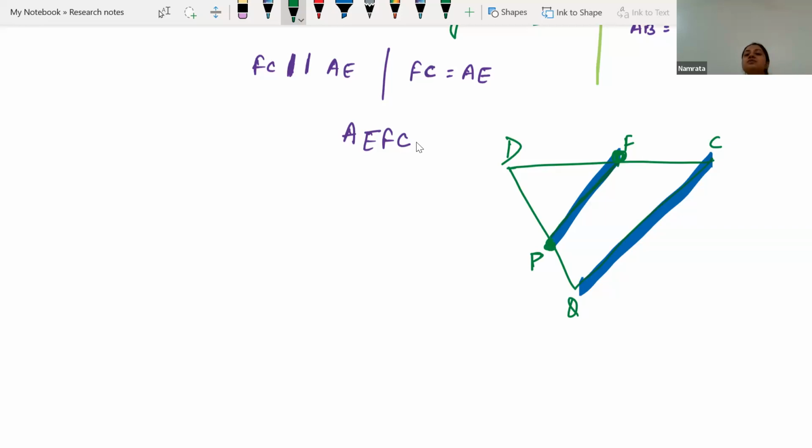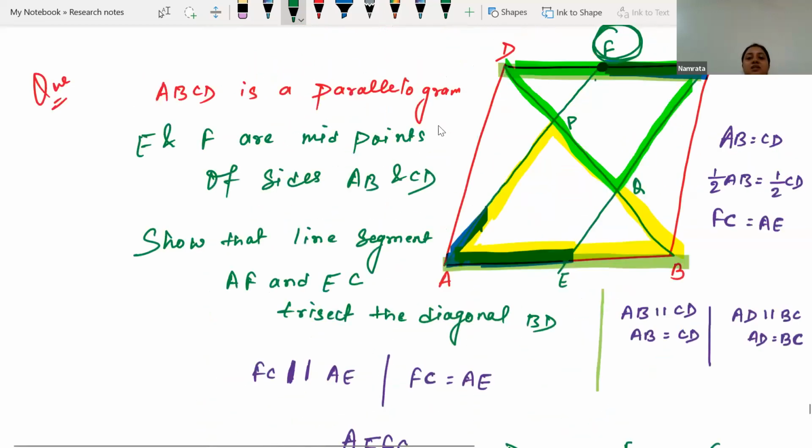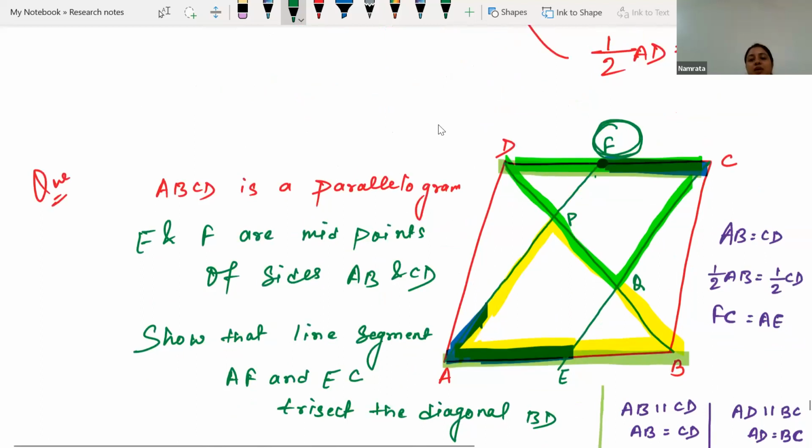That's what the converse of the midpoint theorem says. Yes, ma'am. We can say P is the midpoint of DQ. That implies DP and PQ are the same. This length and this length are the same in the green triangle.